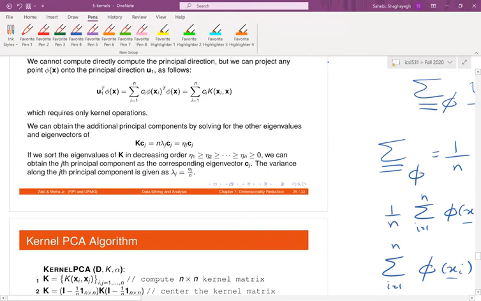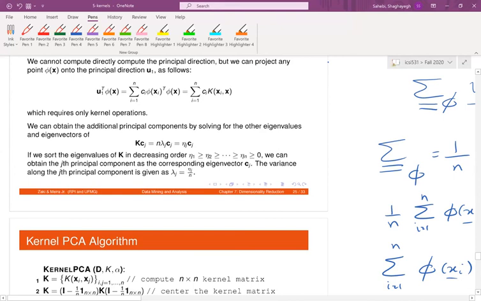Okay. So one thing that we didn't talk about is dimensionality reduction. We have found the direction U1 from kernel PCA, we have found the direction U2, etc., but we didn't talk about dimensionality reduction. Similar to dimensionality reduction in linear PCA, we are going to do something like that.